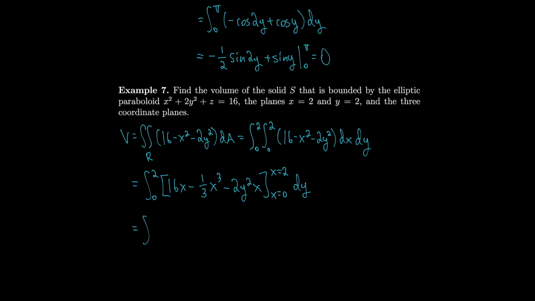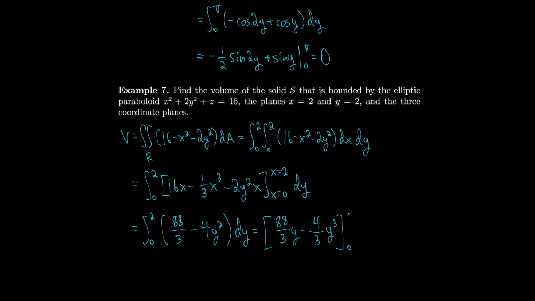So that's the integral from 0 to 2 of 88 over 3 minus 4y squared dy, which is 88 over 3 y minus 4 over 3 y cubed from 0 to 2, which is 48.